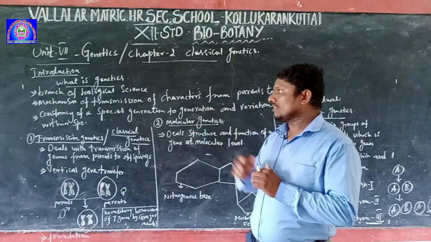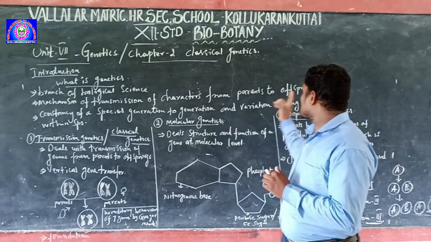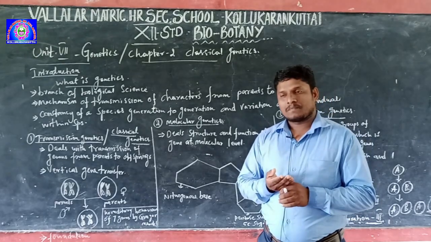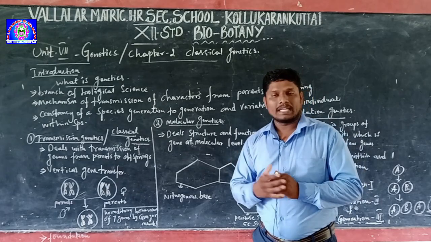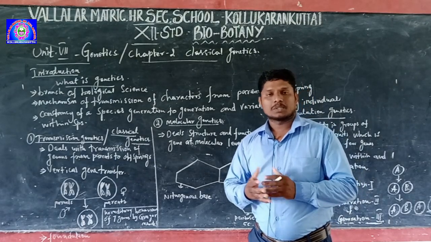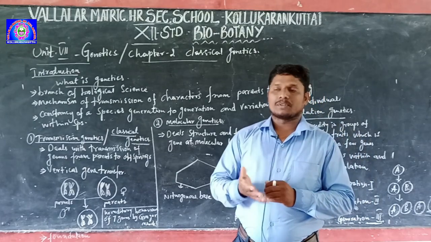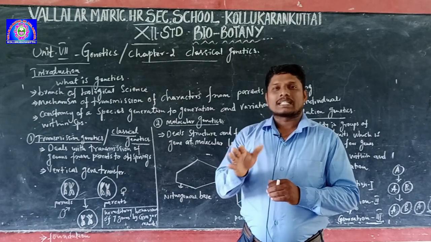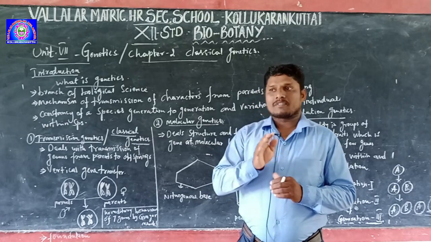And then the second one, mechanisms of transmission of characters from parents to offspring, means what? Parental characters like plants having various parts like a root, a stem, a leaf, flower, fruit. So these characters are transferred from the parents to offspring.